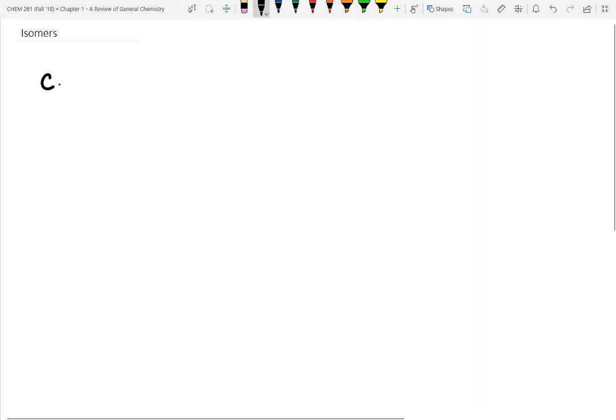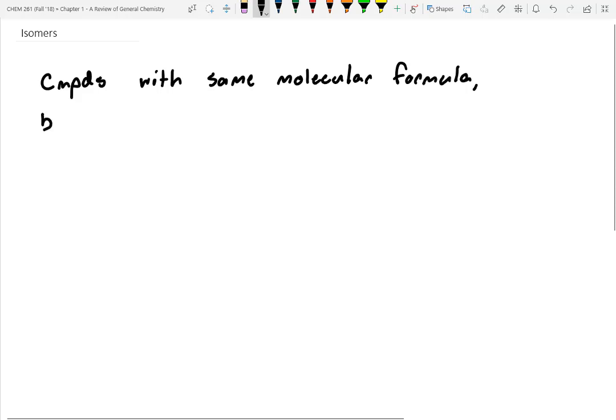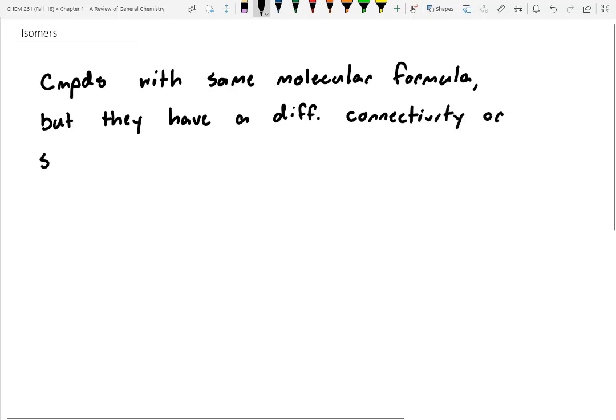So they are compounds with the same molecular formula, but they have a different connectivity or spatial layout.